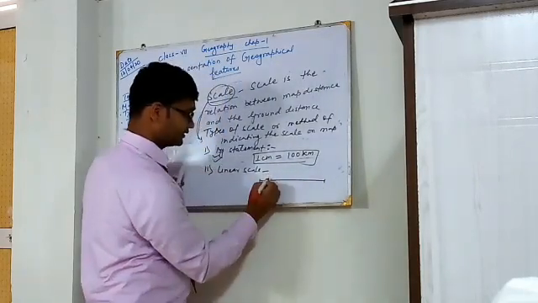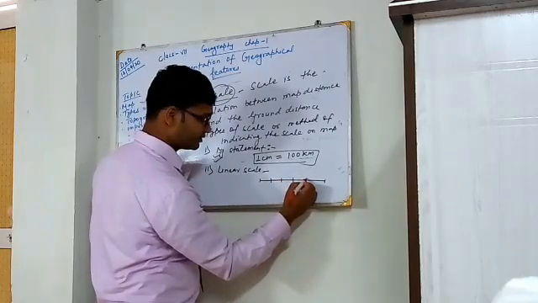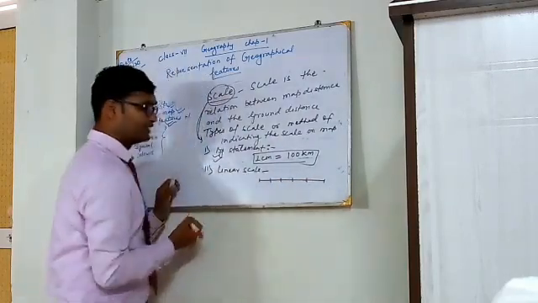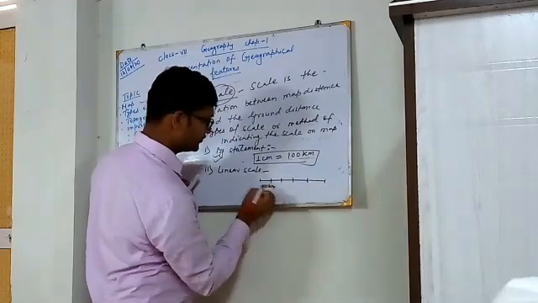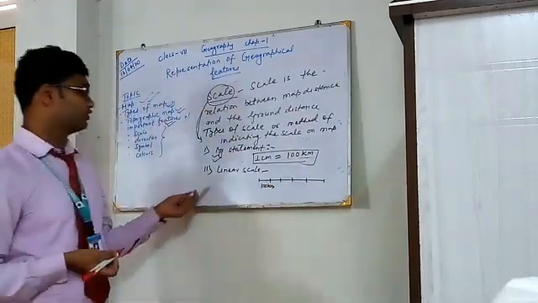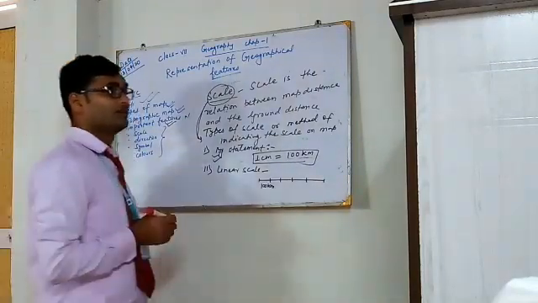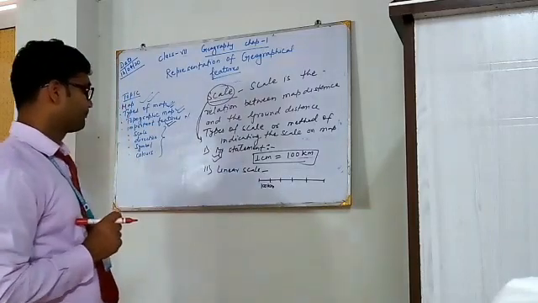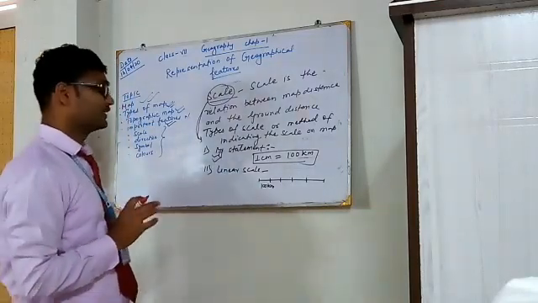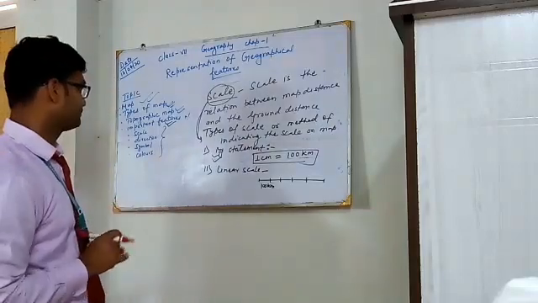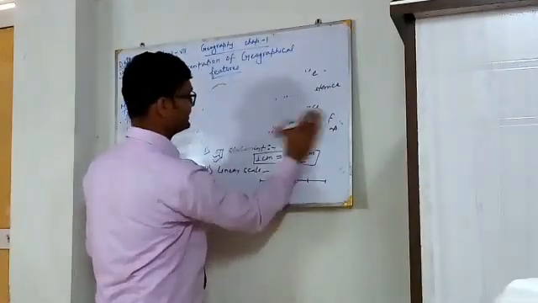We divide it into 1 centimeter each. 1 centimeter shows 100 kilometer. This is also a method. This is known as the linear scale. It shows with the graduated straight line. Next one is representative fraction.